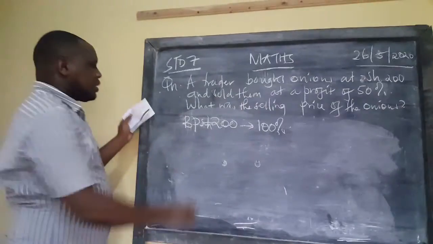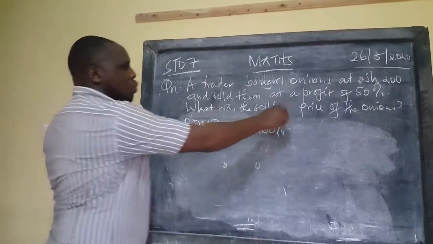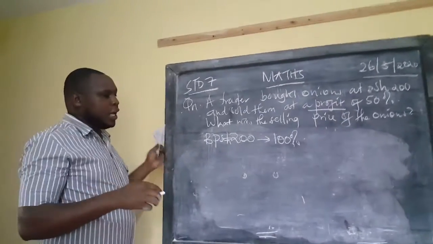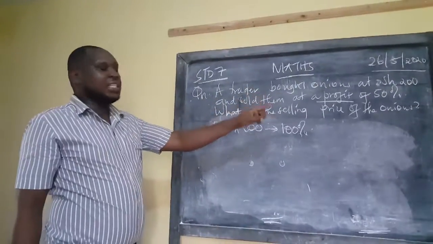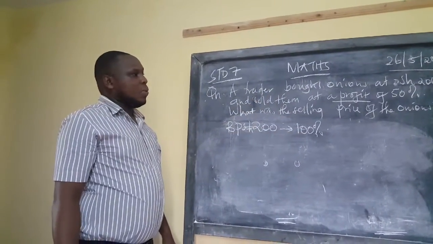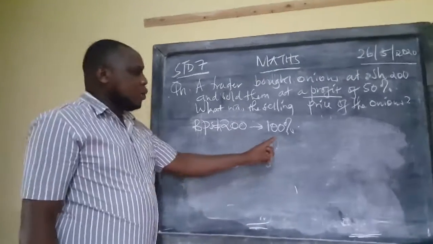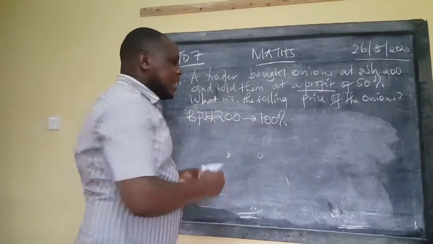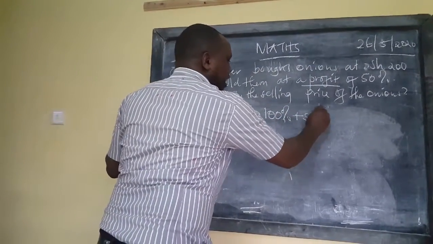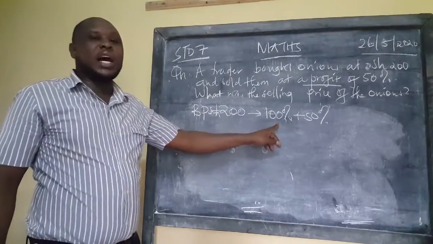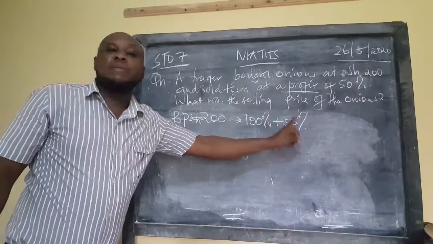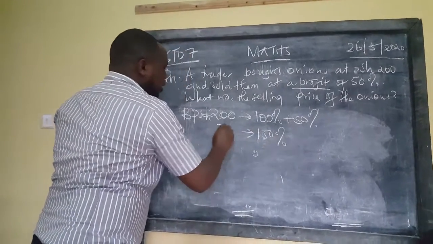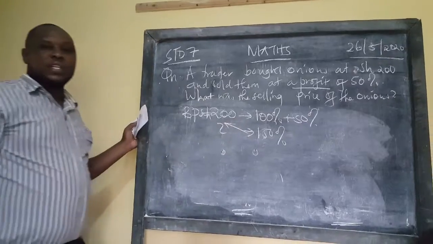We know that the person made profit, and whenever you're making profits, you add the percentage to the original percentage. The original percentage is 100. The person made a profit of 50%, meaning that the 50% was added here. It was increased from the original 100 to 150. So the new percentage at which the person will sell the onions is 150.